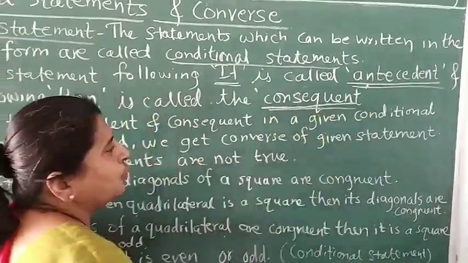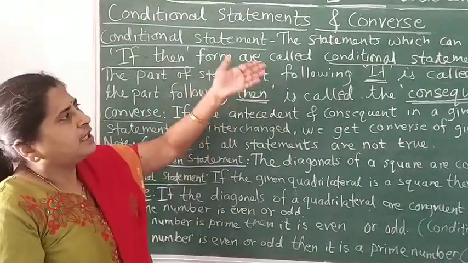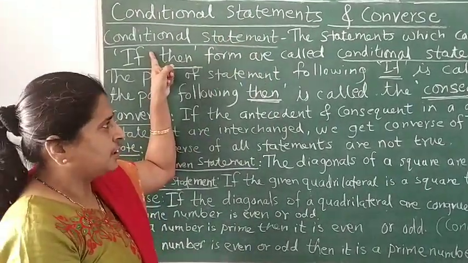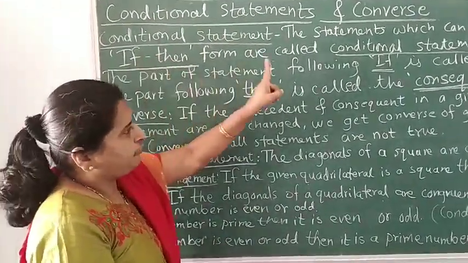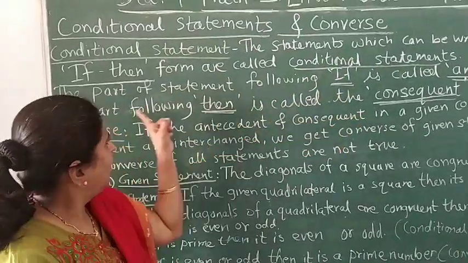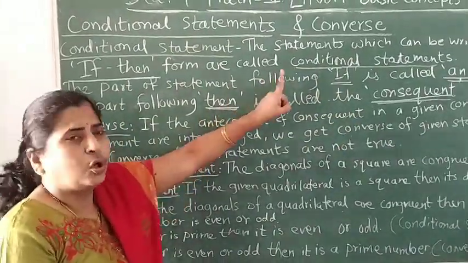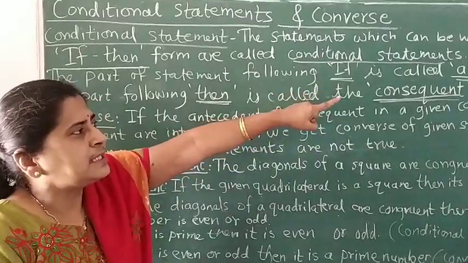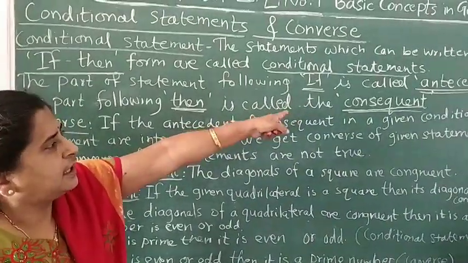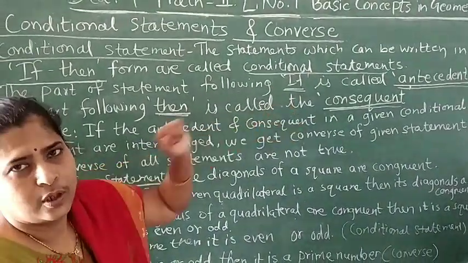So when we convert the given statement into a conditional, the part following if is called the antecedent and the part following then is called the consequent. If the antecedent part is fulfilled, then we get the given consequent.